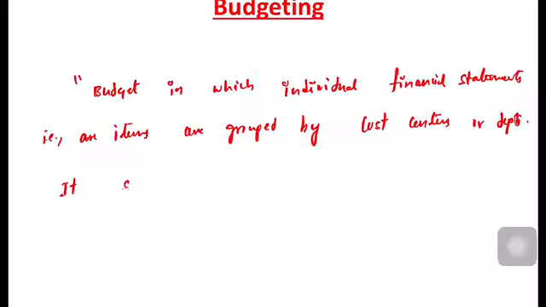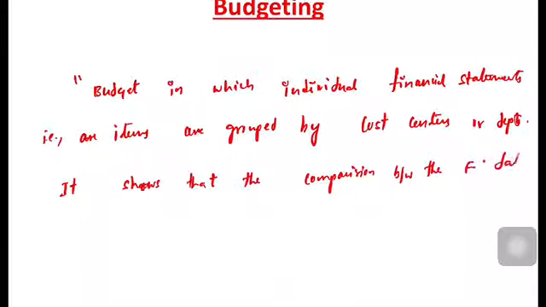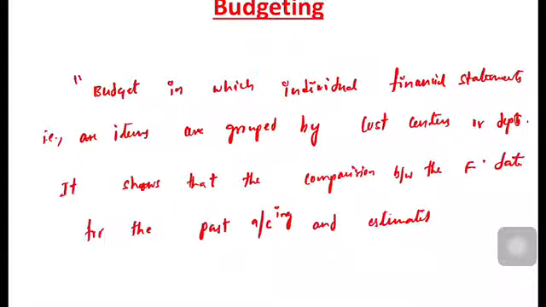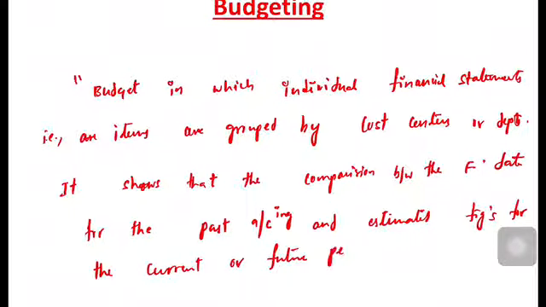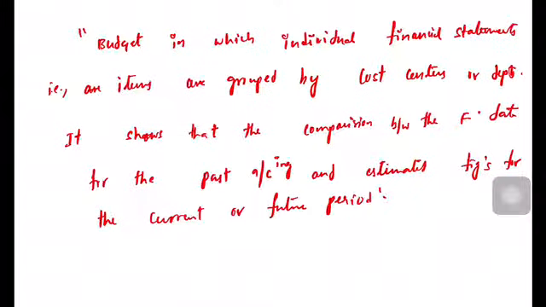It shows the comparison between the financial data for the past accounting period and estimated figures for the current or future period. So this is the definition for the line item budget.